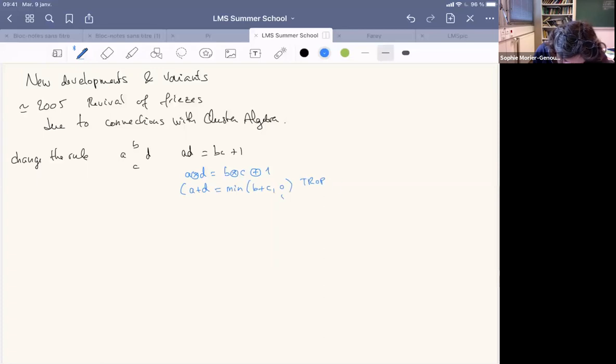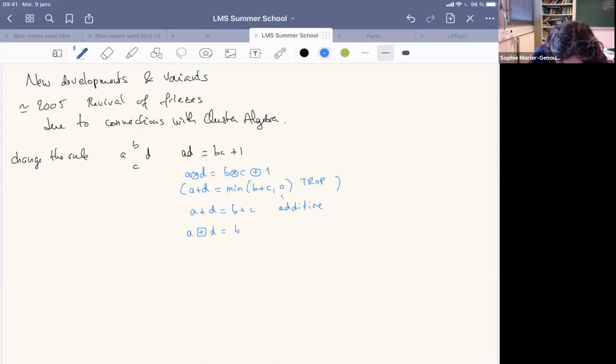You could remove this mean and just look at a rule like A plus D equals B plus C, and this would give you an additive version of frieze. This is also studied in the literature. There is a suggestion also to use the NIM addition.